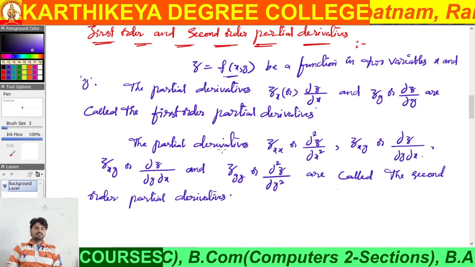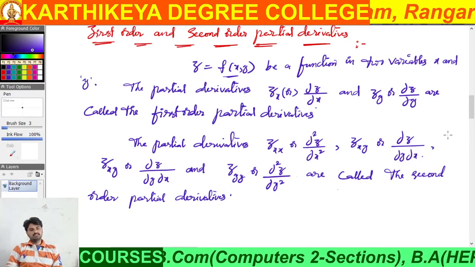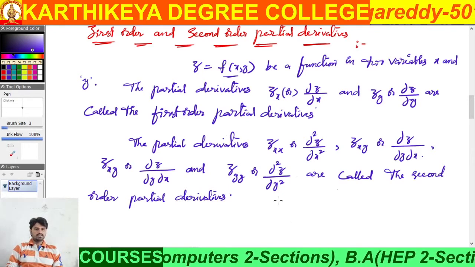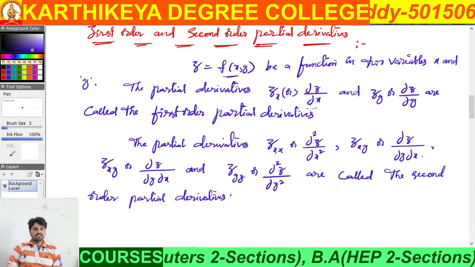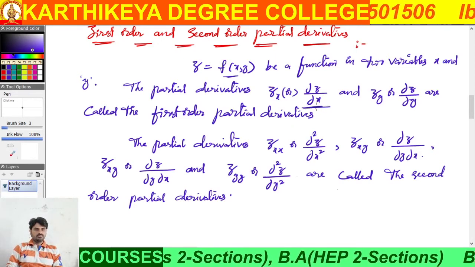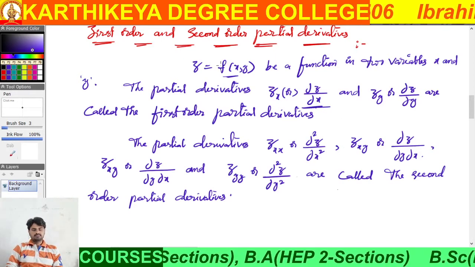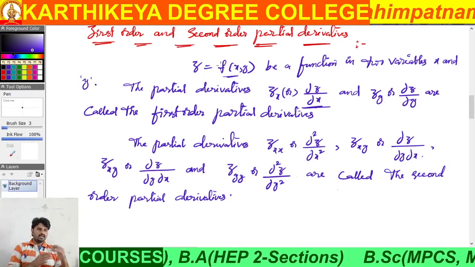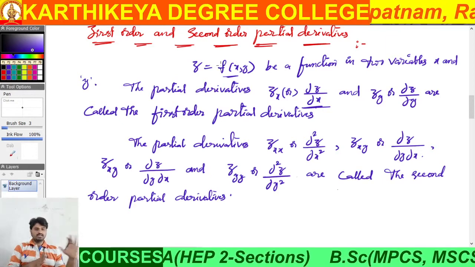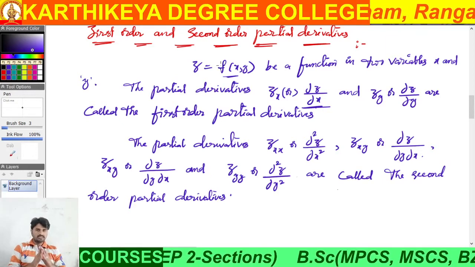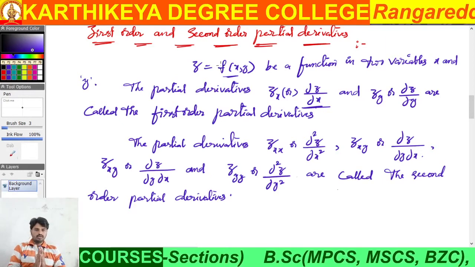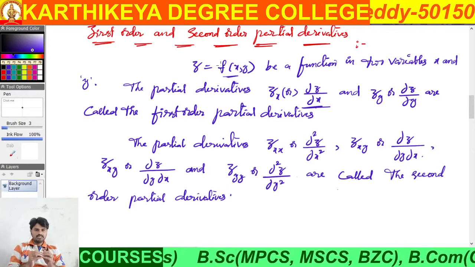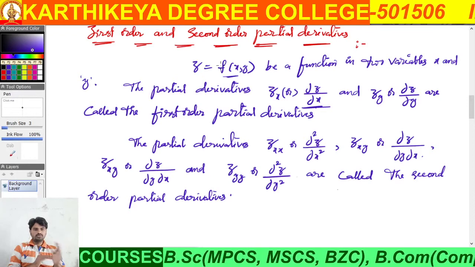Okay students, they are the first order partial derivatives and second order partial derivatives. If you want to find the first order partial derivatives, it is enough to differentiate the function with respect to x one time, and again with respect to y one time. So they are called the first order partial derivatives. If you want to find the second order partial derivatives, you differentiate the given function two times.